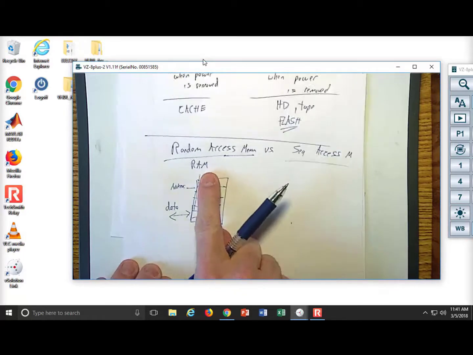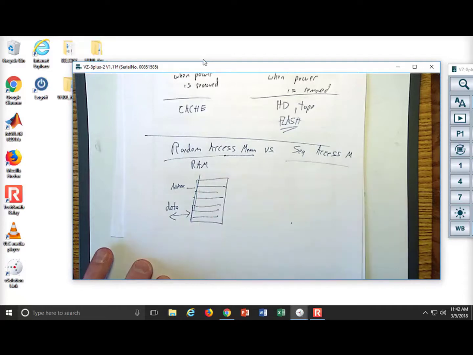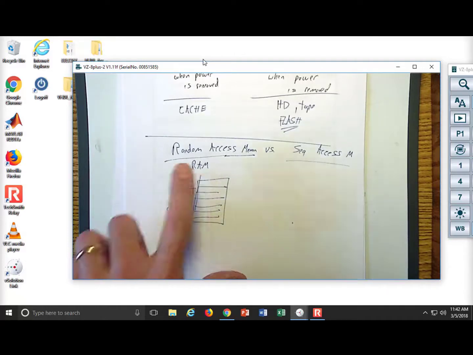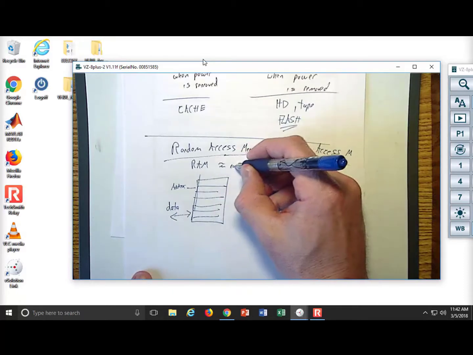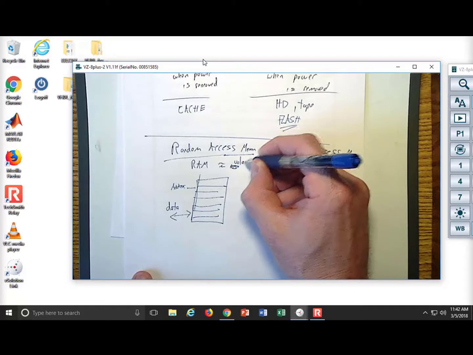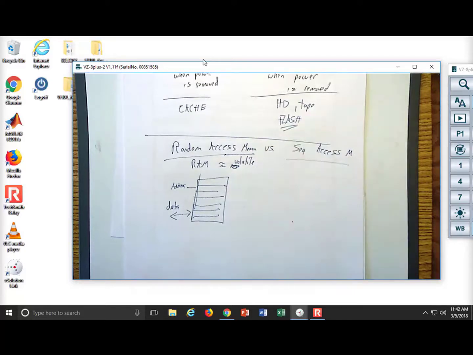Notice that RAM has nothing to do with volatile or non-volatile, but this is just another way that computer people talk. When we talk about RAM, somehow it has been linked to volatile memory, because we call our DRAM in a computer RAM, right? Our DRAM, where we store our programs when we're running, is called RAM.